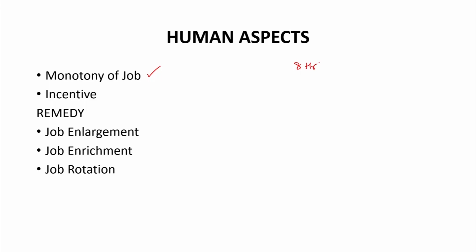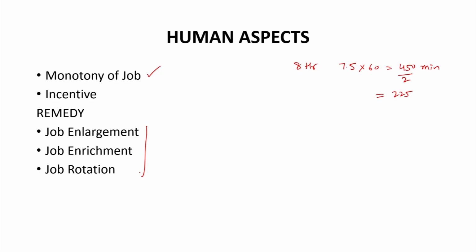In a shift of 8 hours, we can reduce half an hour for lunch, etc., so 7.5 hours into 60, that is 450 minutes. If we are producing a car after every 2 minutes, then 225 times in a day he is performing the same task, and that gives him boredom and monotony. So, we have to do something about this.